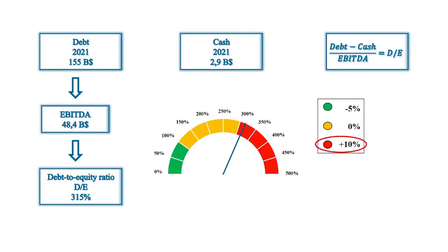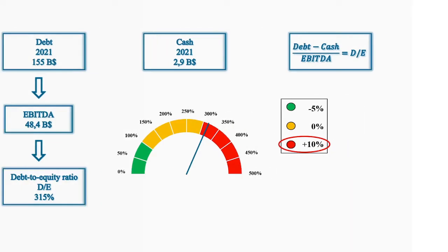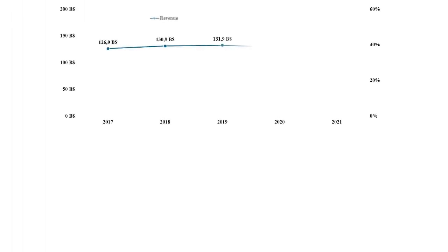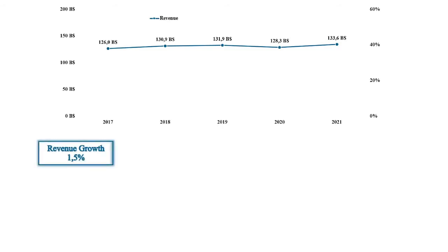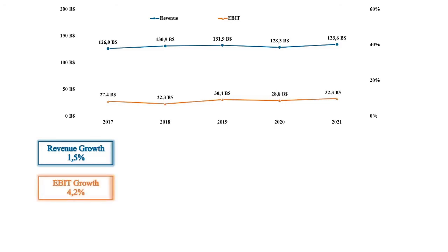For the business to be sustainable, growth is a very important factor. The revenue has increased from $126 billion in 2017 to $133.6 billion in 2021. This gives an average growth of 1.5%. In the same period of time, the EBIT increased from $27.4 billion to $32.3 billion, which gives an average growth of 4.2%.